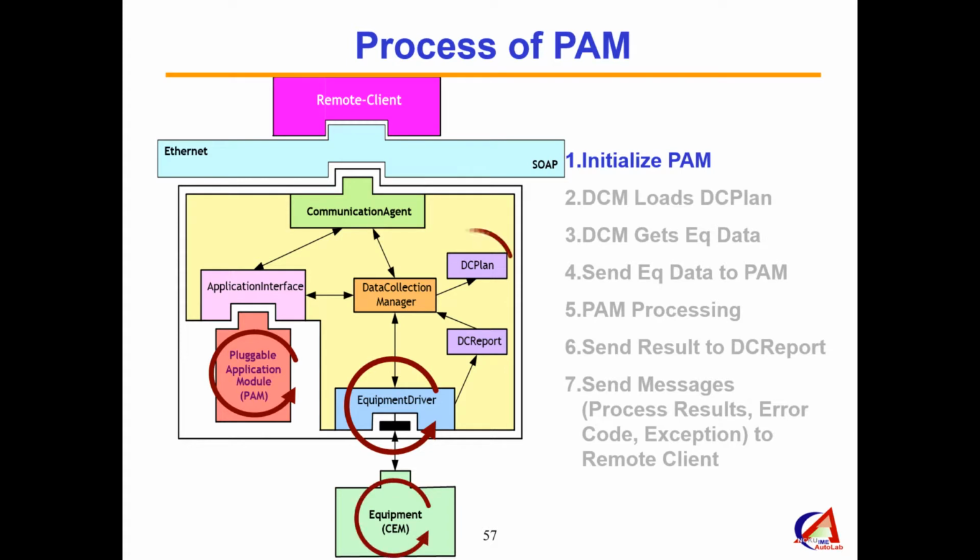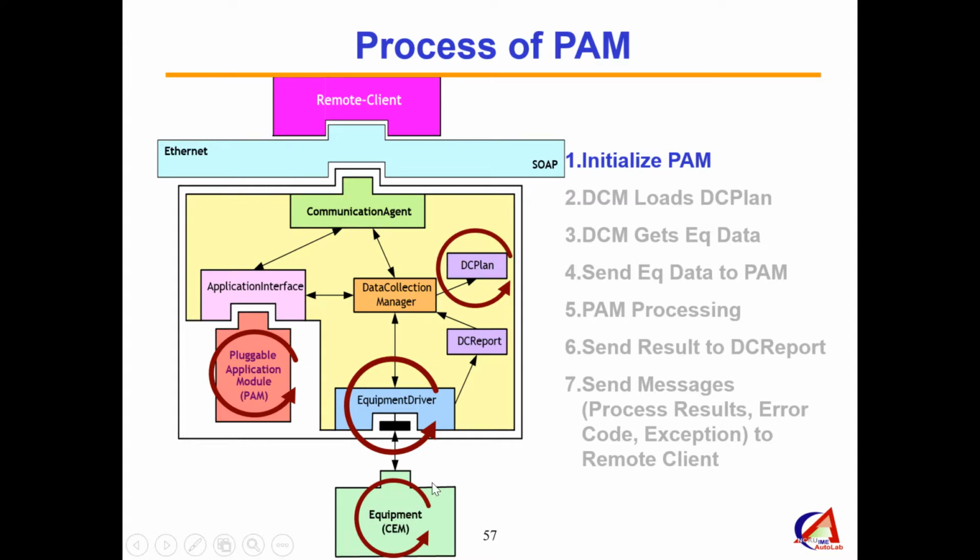So you see the process of PAM. You see, this is pluggable. Actually, the equipment driver can be pluggable also. And the DCP, you need to prepare the DCP. So initialize PAM. To begin with, initialize PAM. We need to plug in a suitable PAM and define a suitable DCP.